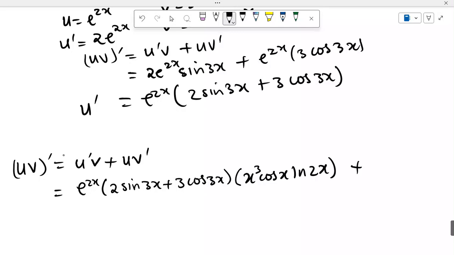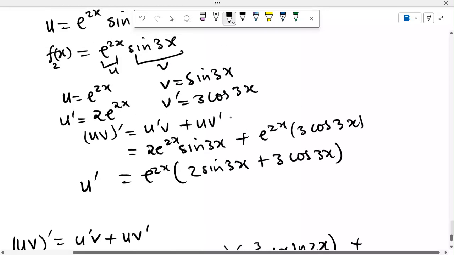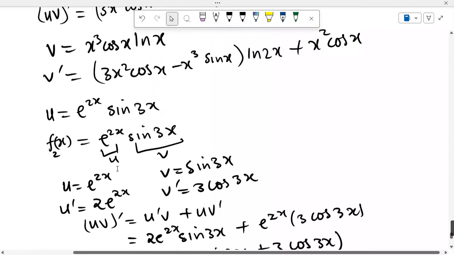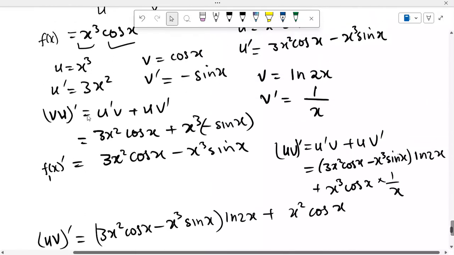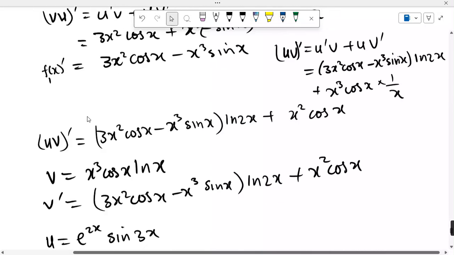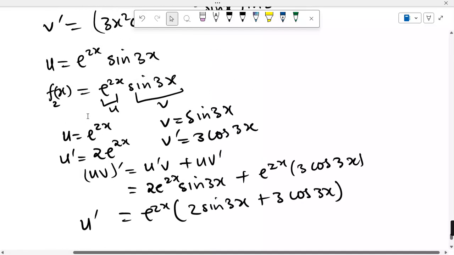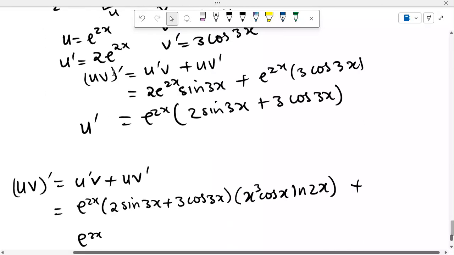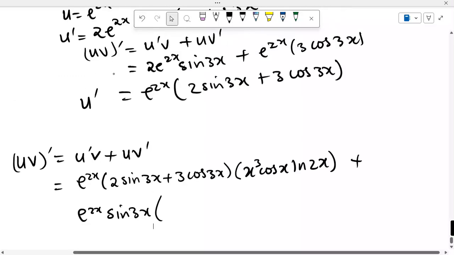U is e to the power 2x. The actual u. Wait a minute, we can be lost. Oh, sorry, our u is here. Okay, sine 3x. Okay, then what is our v prime?